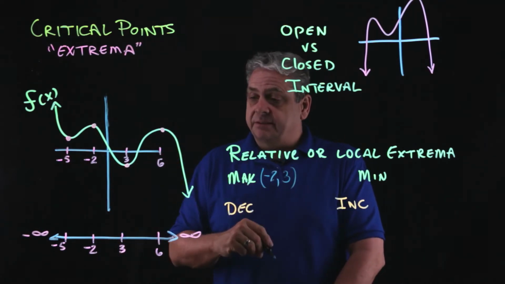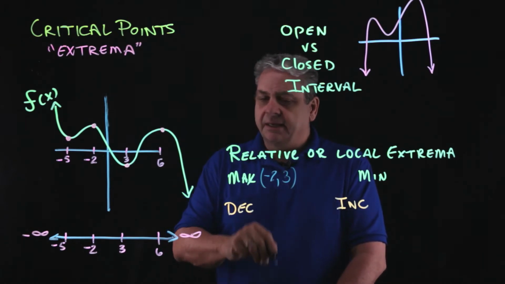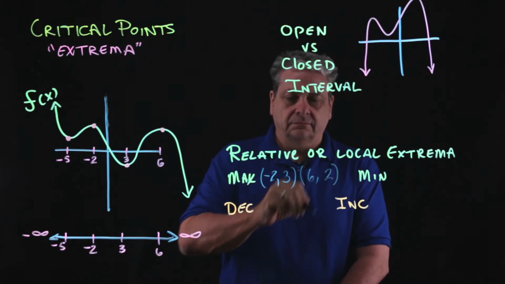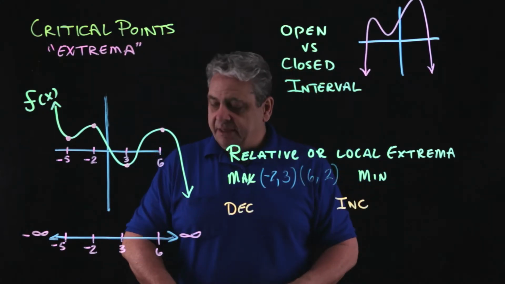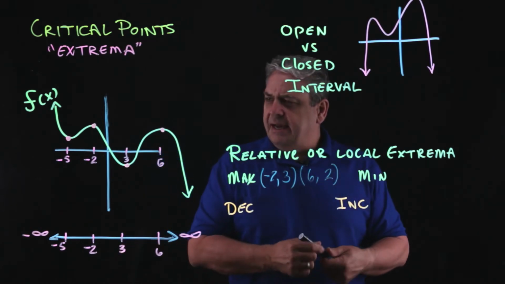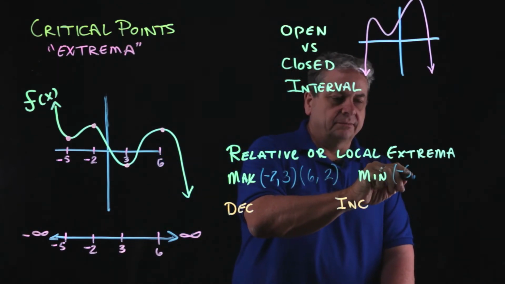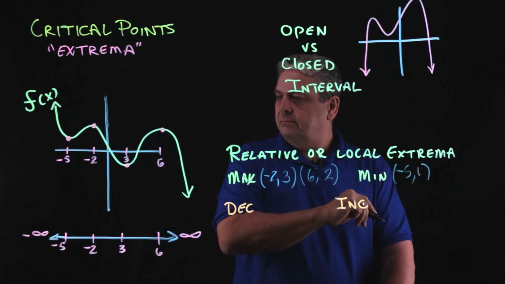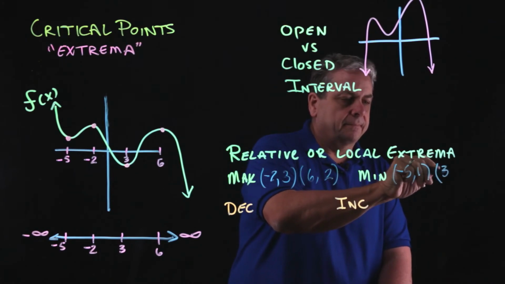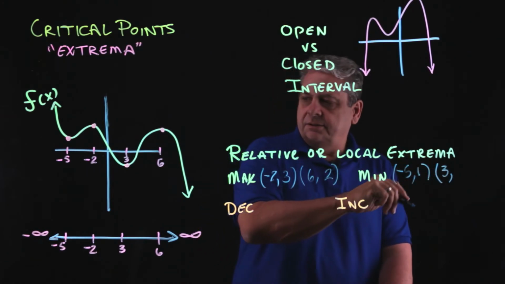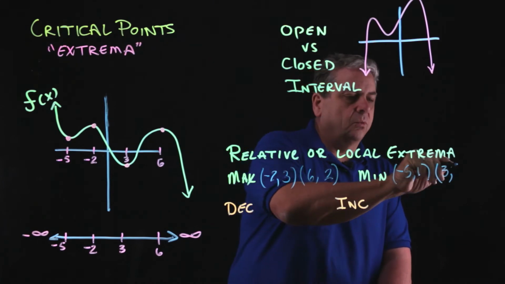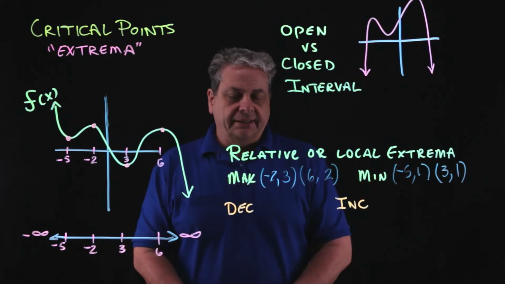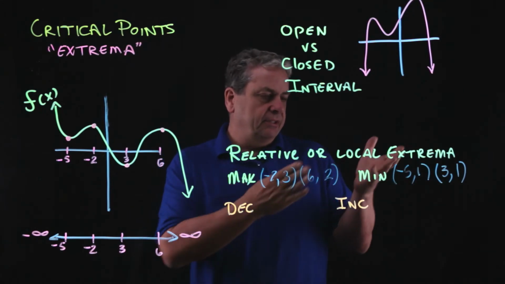And then I have another relative maximum at this point. And then let's look at the minimums. The minimums are coming in at -5, and 3 comma, we'll say 1. So that's how I identify those. Those are my maximums and these are my minimums.